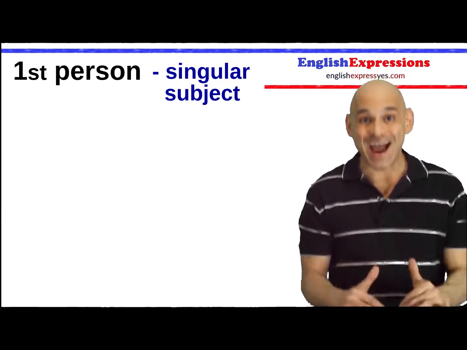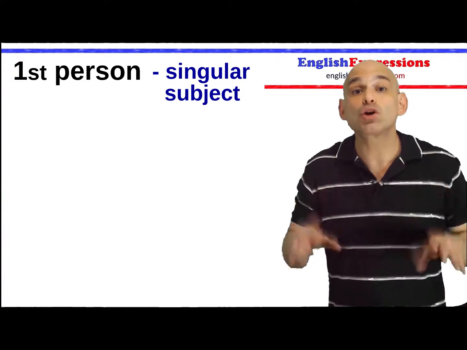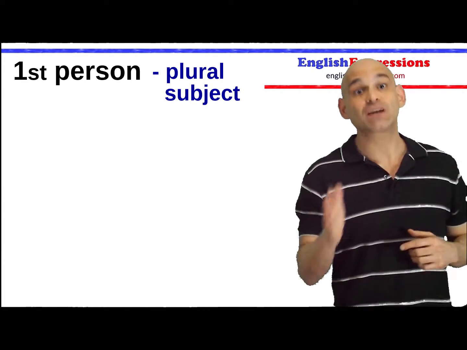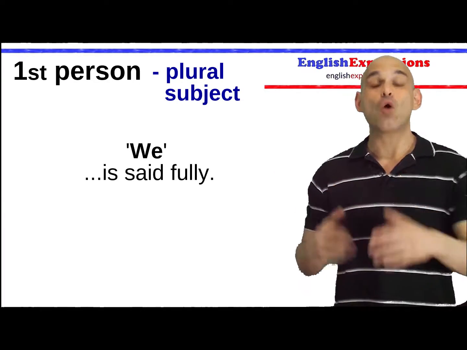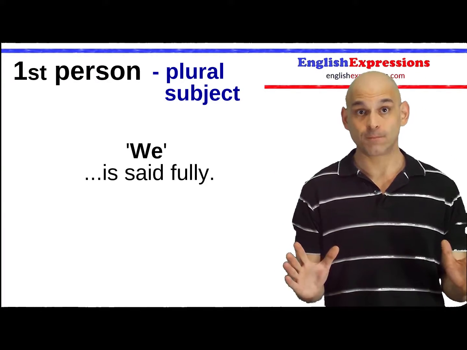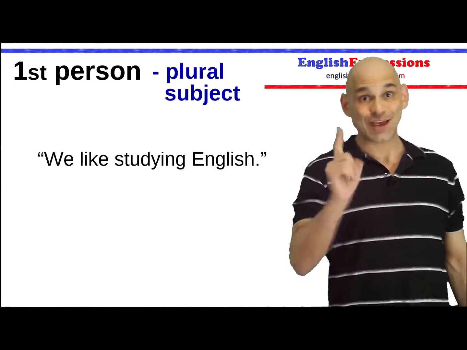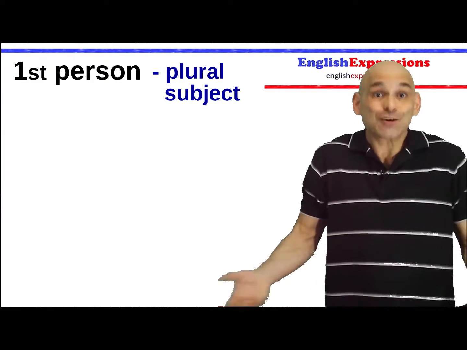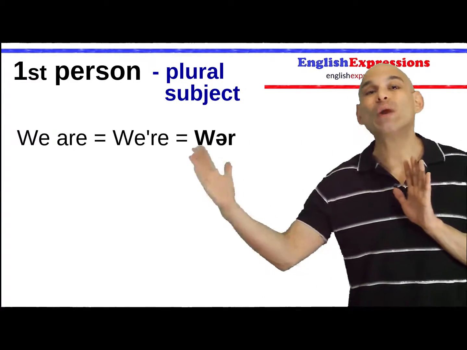All right. Now, the next first person pronoun that we're going to look at today is the first person plural subject pronoun, and that's we. Now, we is said fully. We like studying English. But notice, except when it's used as a contraction. So we are, the contraction is we're.